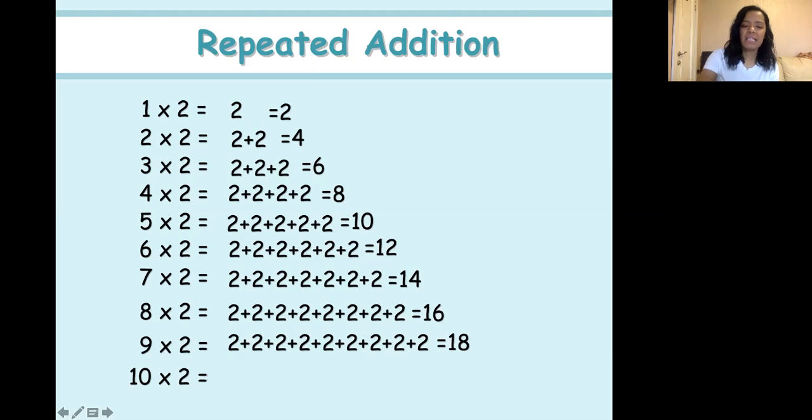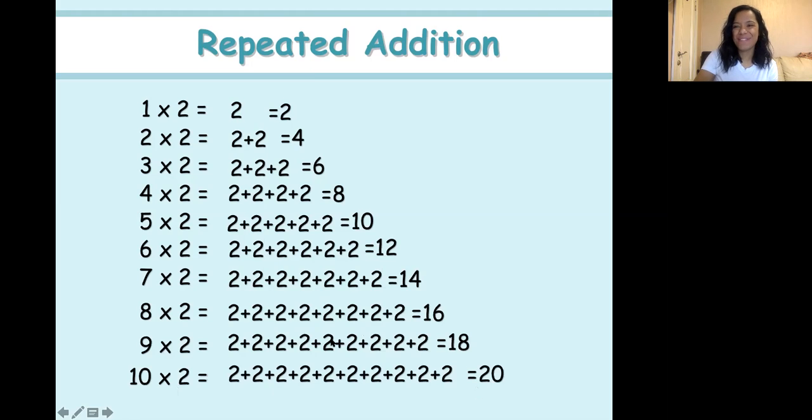Now remember that 10 times 2, all of the numbers times 2. Okay, so we have 10 here equals 20. All of the numbers times 10 are always going to be the same number with the 0, okay? That's an easier way to remember the 10 times table. But this is repeated addition. If you want to try this to work at home, that is okay too.